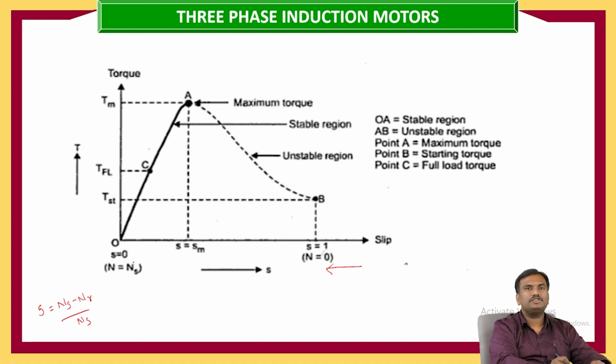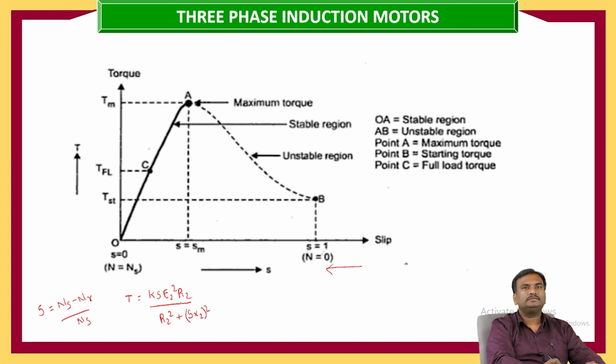Here in the stable region, at low values of slip, torque is equal to K into S E2 square R2 by (R2 square plus (S X2) whole square).